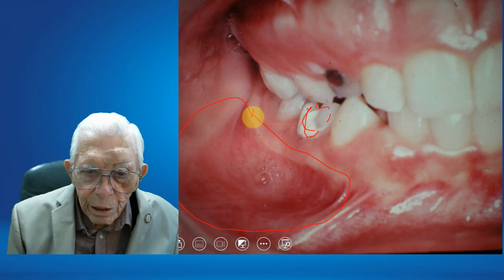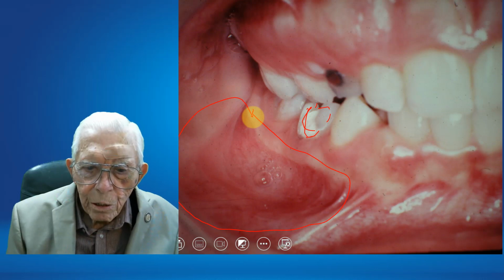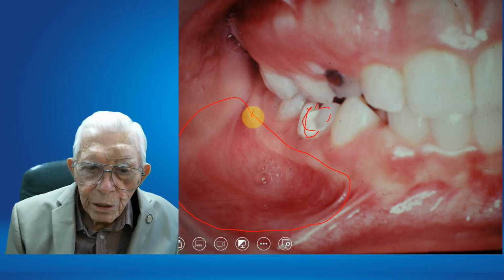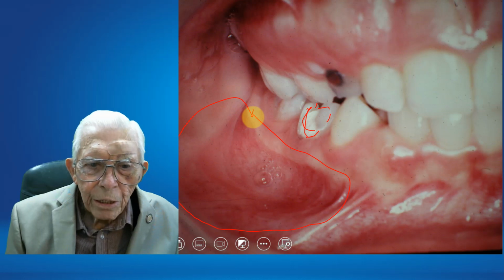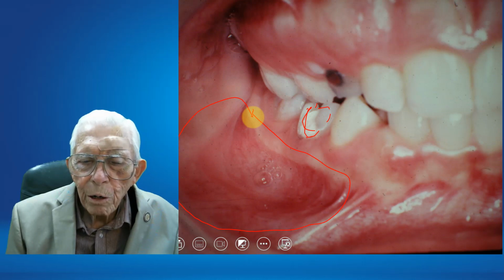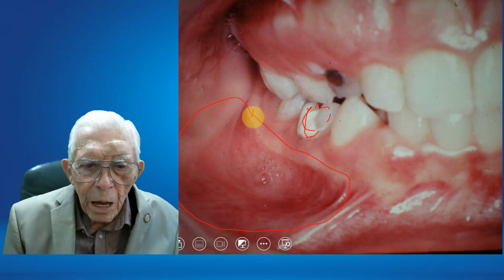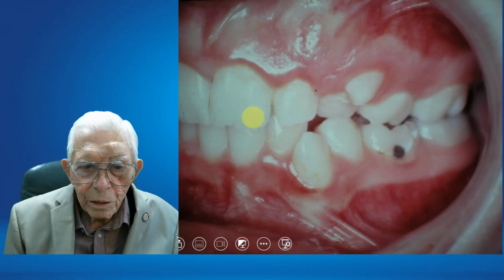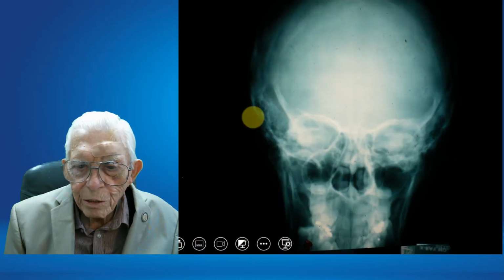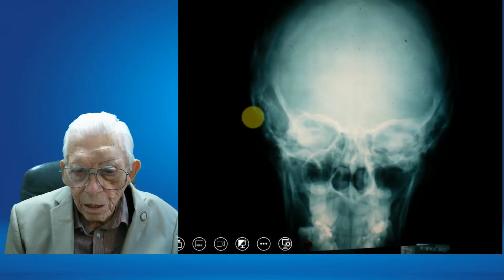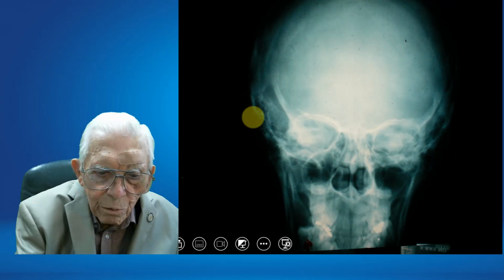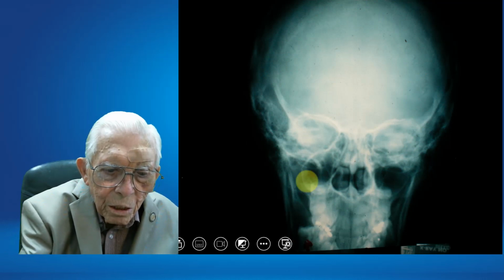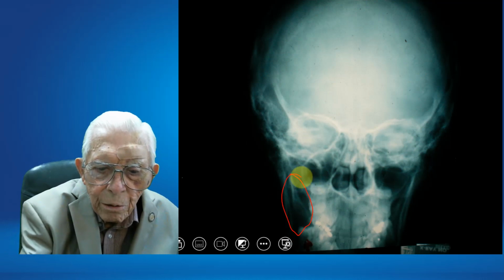They'll completely absorb the root structure of the deciduous tooth, but it doesn't have any power against the enamel of the baby tooth. Now we show the side of the face, and this is the side where the cyst is, this area coming down in here.